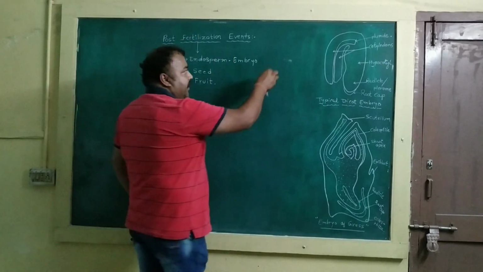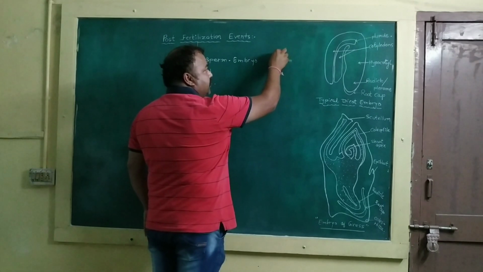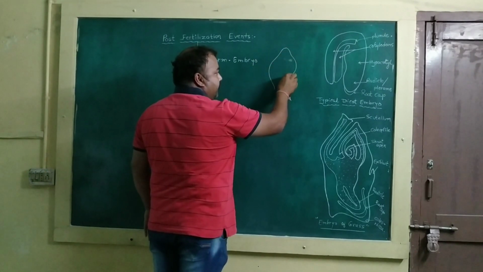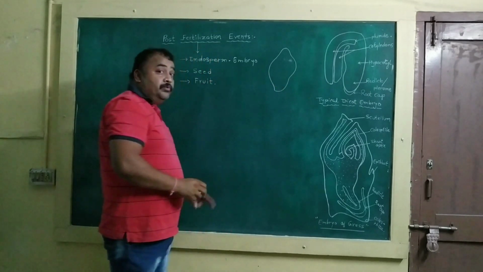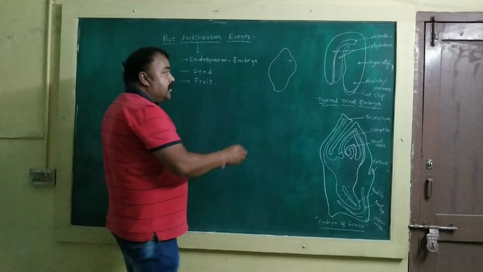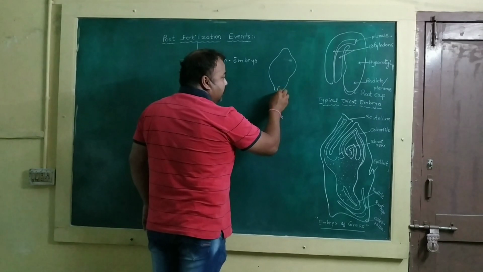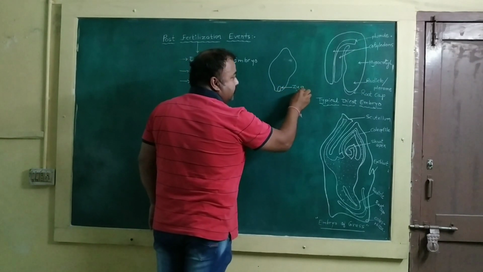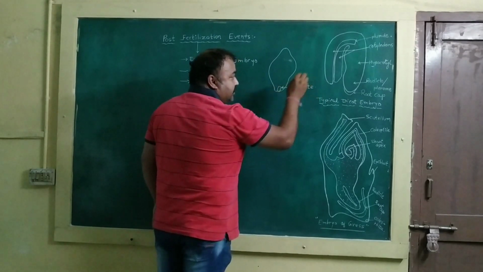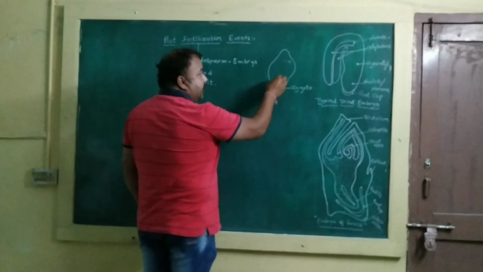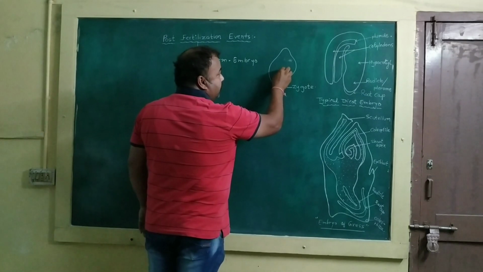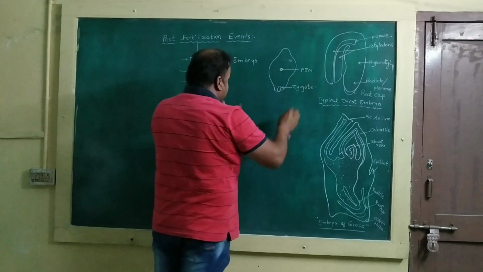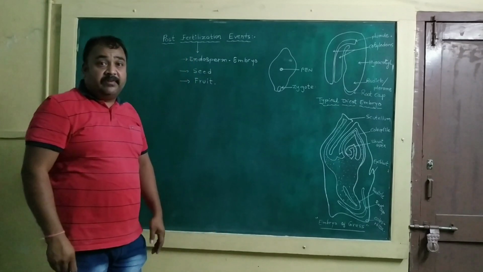We have studied that during the process of fertilization, that is double fertilization, we got two structures. The first one is known as zygote, which is the result of syngamy, and the second one is primary endosperm nucleus, which is the result of triple fusion.